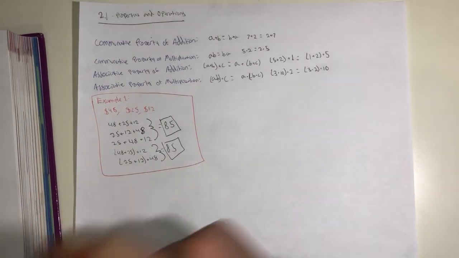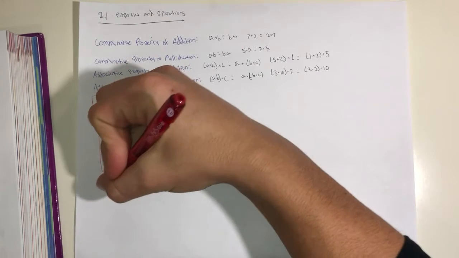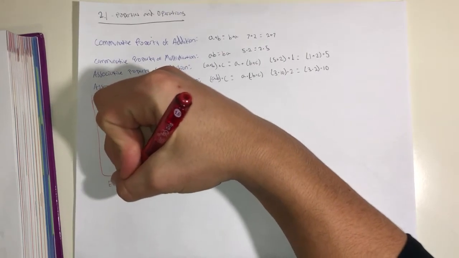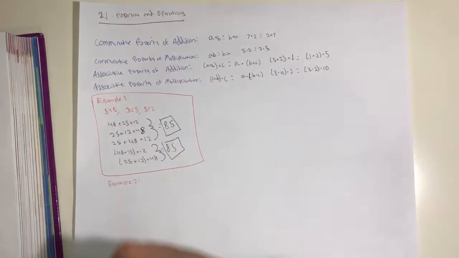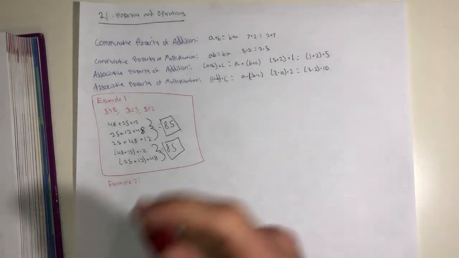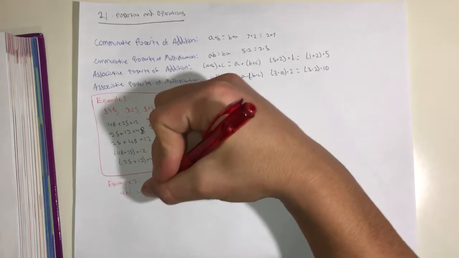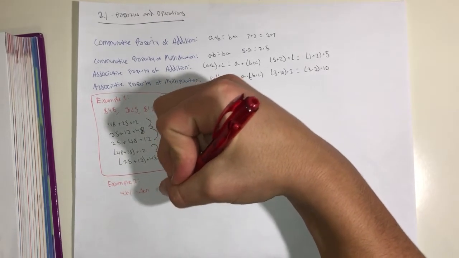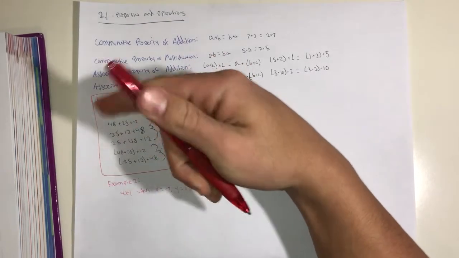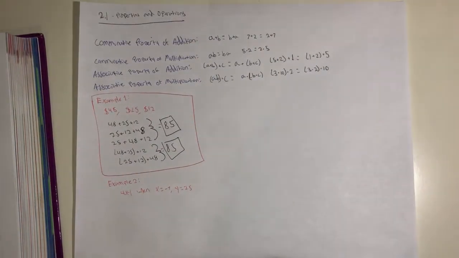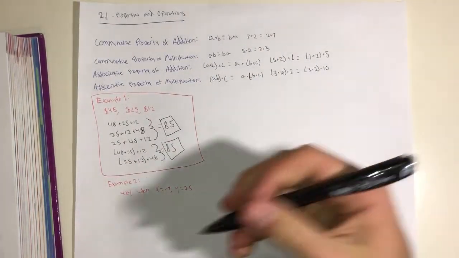Example 2 is using properties of multiplication. Example 2 is evaluating 4xy when x equals -7 and y equals 25. Here you could multiply them in any order or group them in any way.